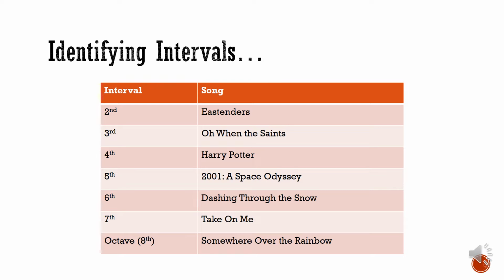Then we've got a third, which sounds like Oh When the Saints. We've got a fourth, which is Harry Potter. We've got a fifth, which sounds like 2001 A Space Odyssey. So this is the fifth, and it sounds like that film. We've got a sixth, which sounds like the dashing through the snow part of Jingle Bells.